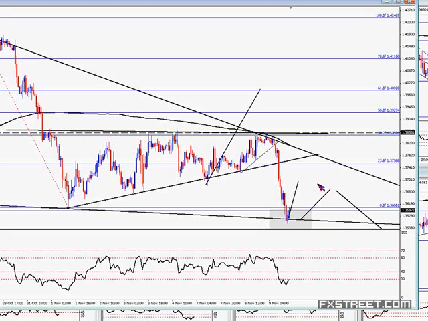So in a consolidating market, what do you want to do? You want to sell high, buy low. Remember we talked about this retracement back to the 1.3670, 1.37 area.